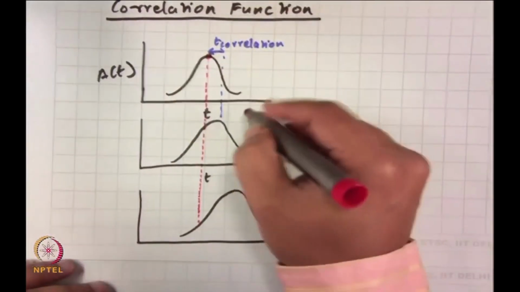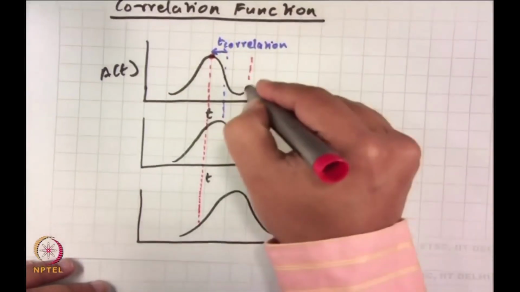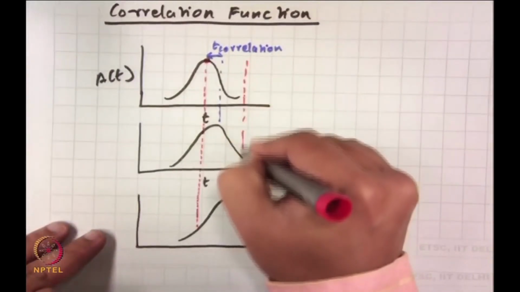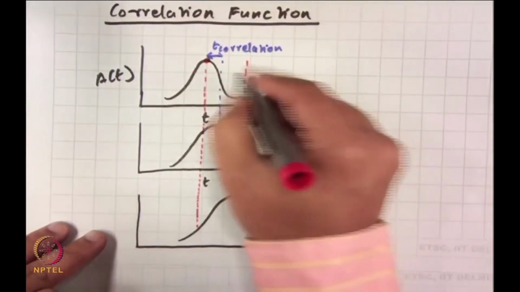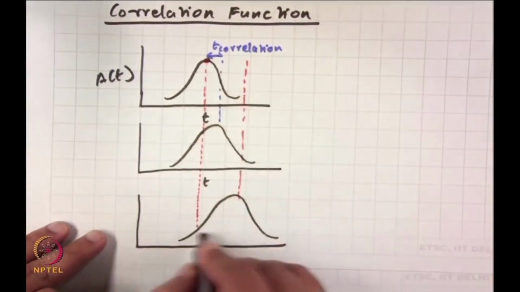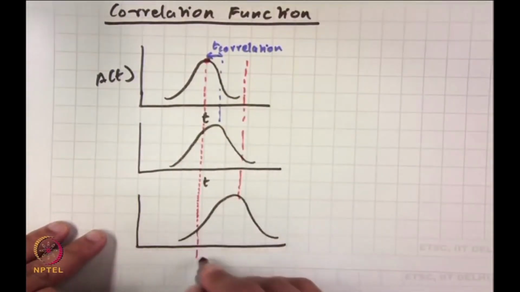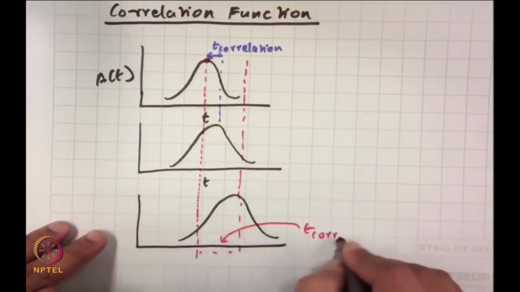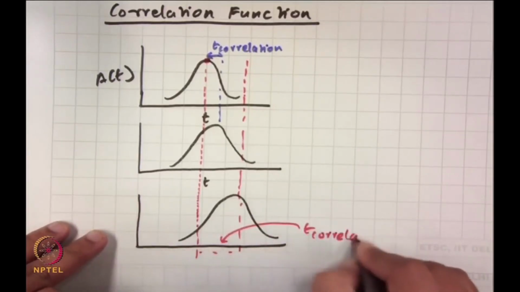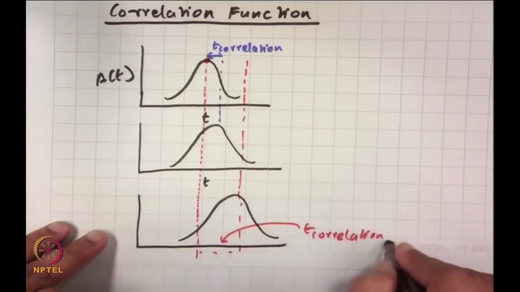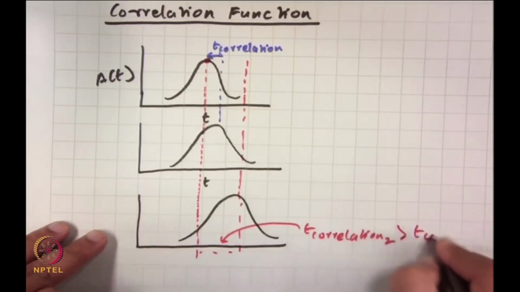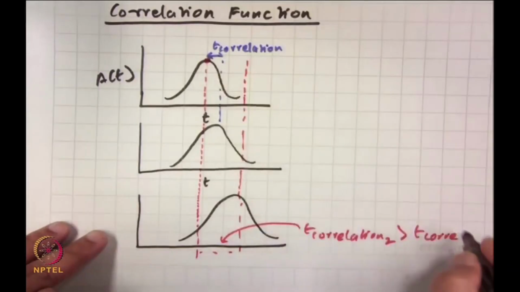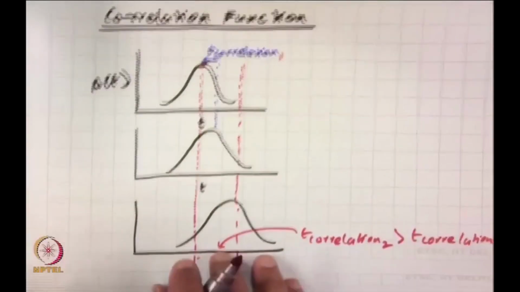This is even a longer correlation time. So, this is another correlation time, t correlation 2, greater than t correlation 1, which is written out here. So, this is 1, I can write 1 out here.